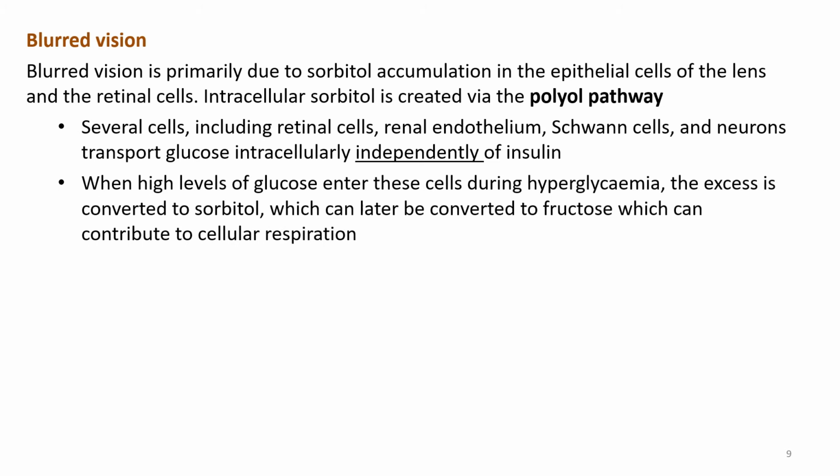So when high levels of glucose enter these cells during hyperglycemia, the excess is converted to sorbitol. Now this is a normal physiological process, and it gives us a store of sorbitol that can then be converted back to fructose, which can then be used for cellular respiration.